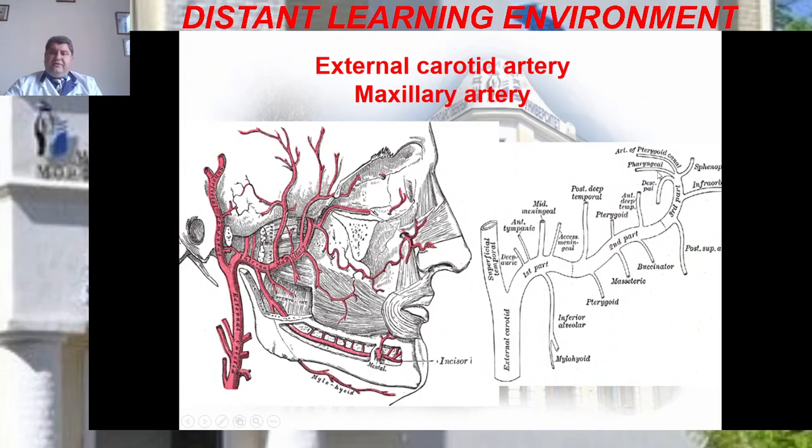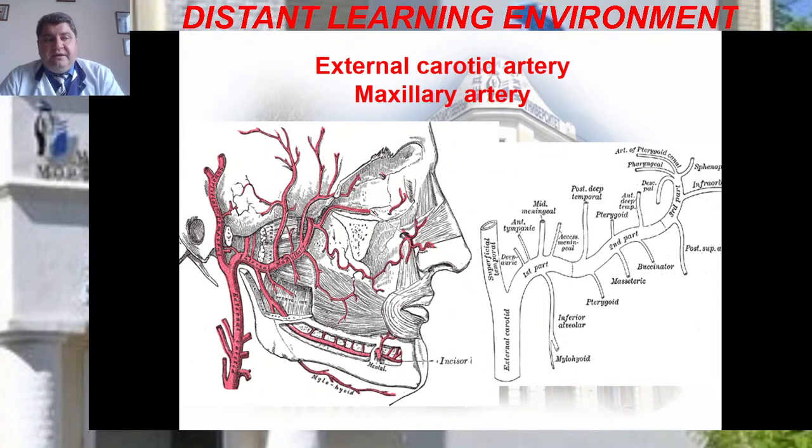And also you can see the pharyngeal branch and the descending palatine branch. The pharyngeal branch makes anastomosis with the ascending pharyngeal artery, which passes from the initial part of the external carotid artery. And also you can see the descending palatine artery, which goes through the greater palatine canal and divides into 2 or 3 branches.